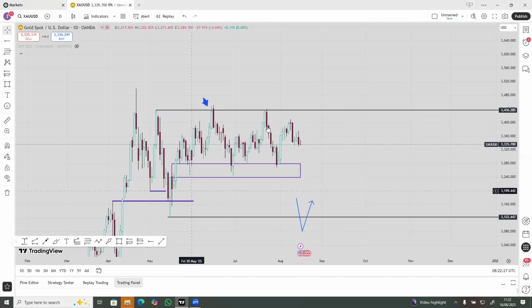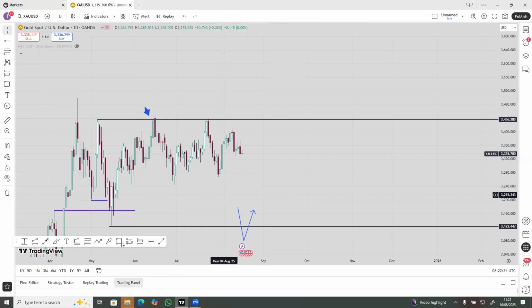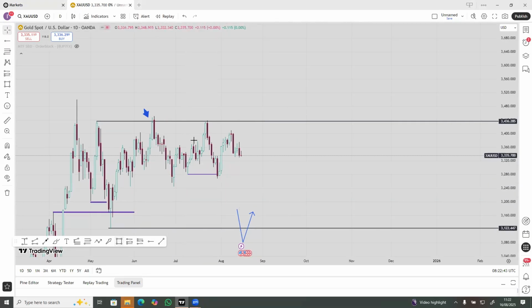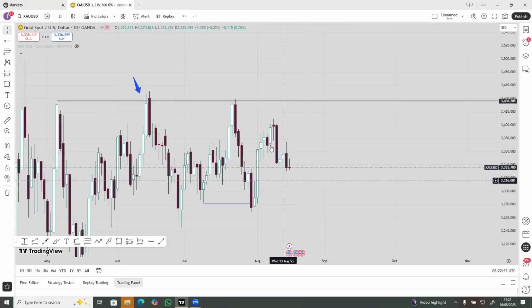Okay, and tukisogea hapa karibu on this market structure, tuweze kurecognize pattern ambazo zimekuwa created here. We have that break of structure. Na huku juu hatujaweza kuvunja hiyo high.